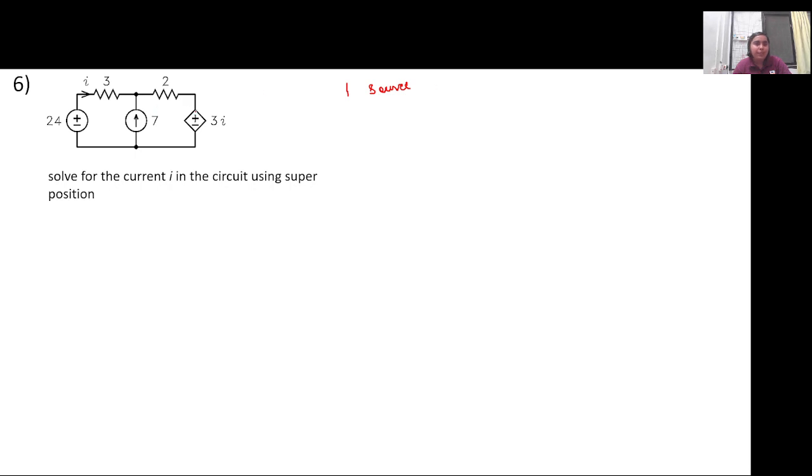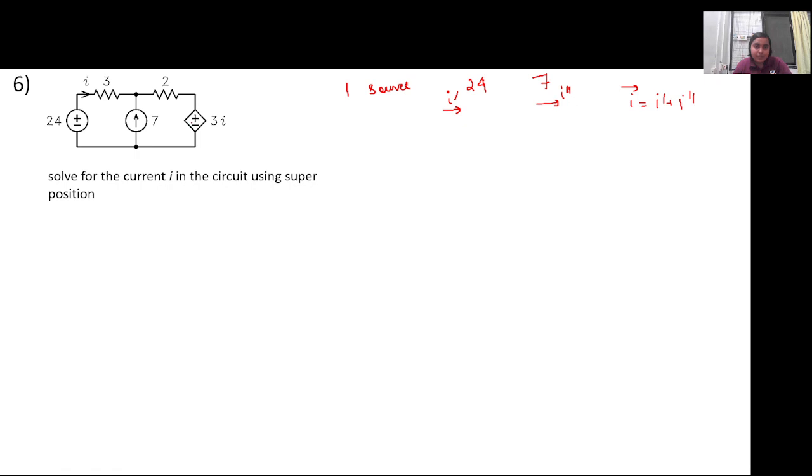For example, if this 3i dependent source were not present, we would take the 24 volt source, then the 7 ampere current source, and replace the other source by its internal resistance and calculate the contribution. Like in this case, it is I1 dash and this is I1 double dash. The final current I would be equal to I1 dash plus I1 double dash.